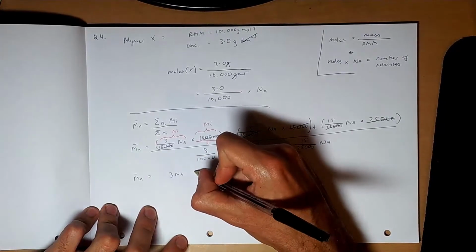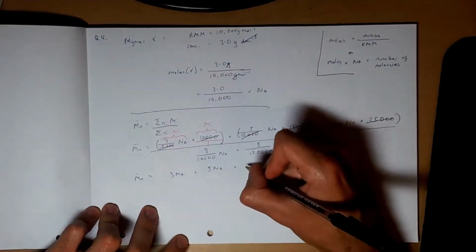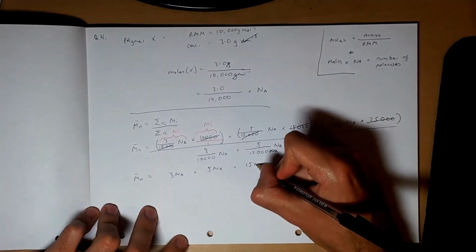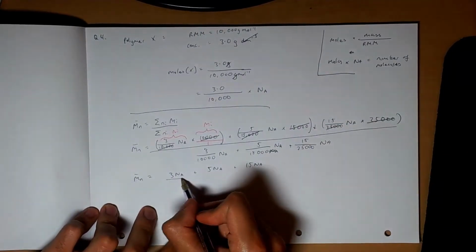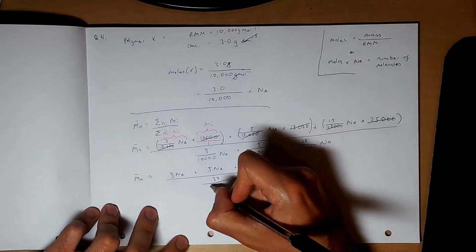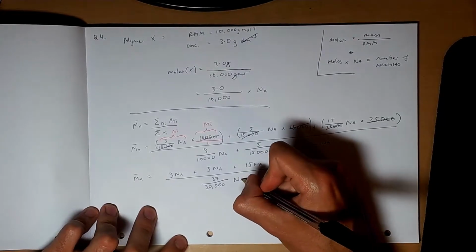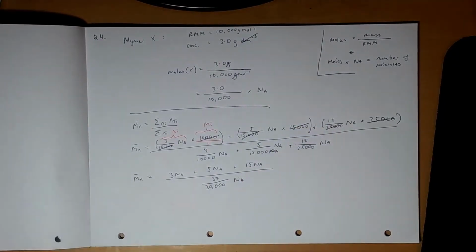So we are left with 3Na plus 5Na plus 15Na, and this is all over 37 over 30,000 Na. When working out this bottom fraction, I definitely suggest using a calculator.